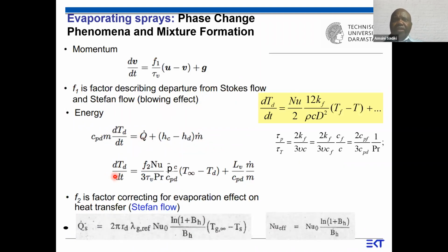So F2 is a factor correcting for the evaporation effect. It accounts for the Stefan flow in the case of evaporation, the thermal case, and the Q is then obtained exactly as we obtained the M dot for the mass, for the evaporation.